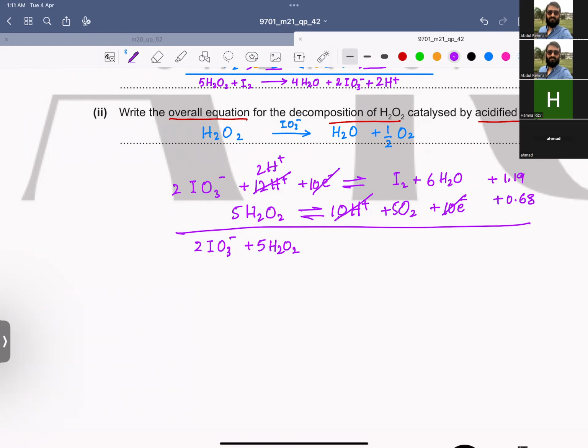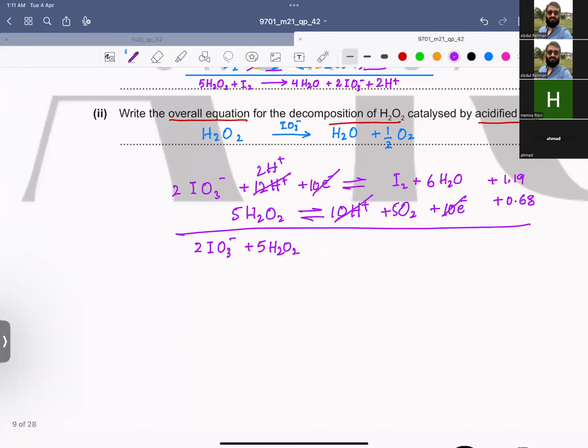So 2 moles of iodate ion reacting with 5 moles of H2O2 plus 2 hydrogen ions, forming iodine, 5O2 and 6H2O. Is this clear?